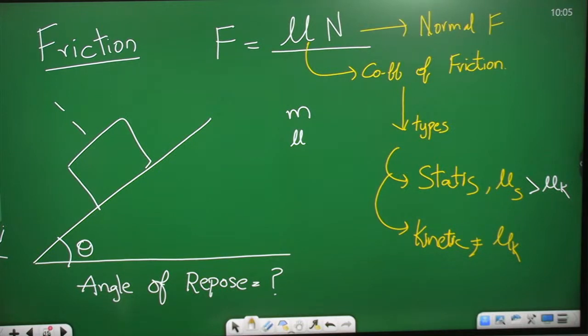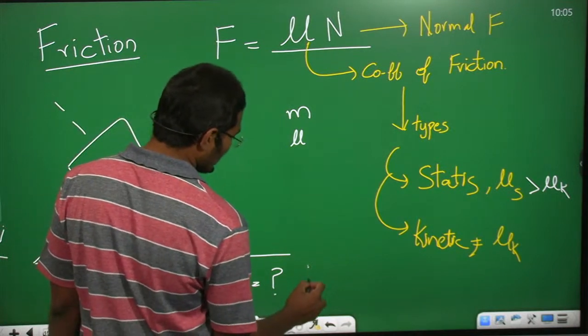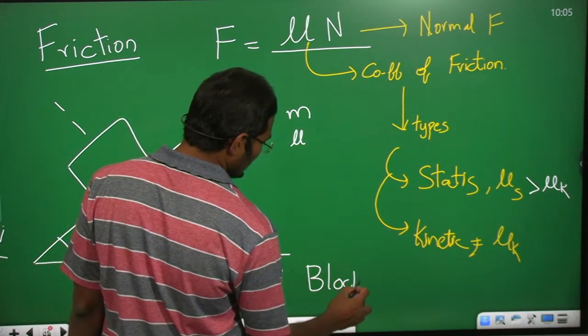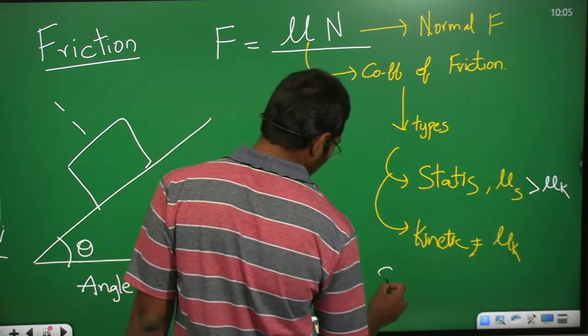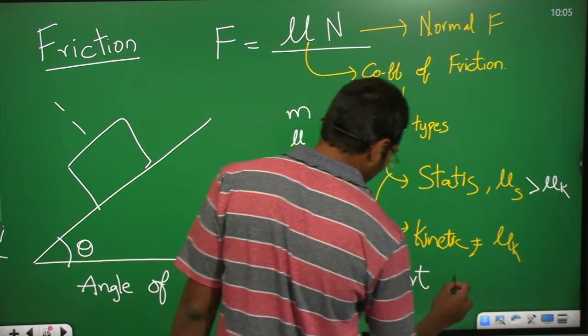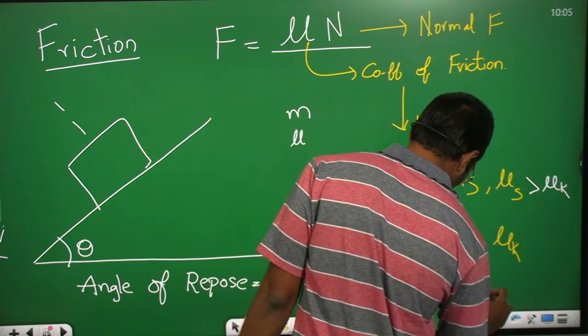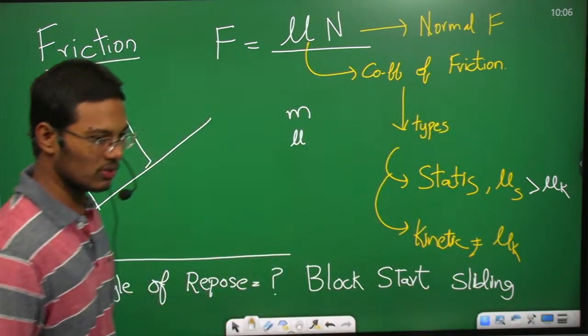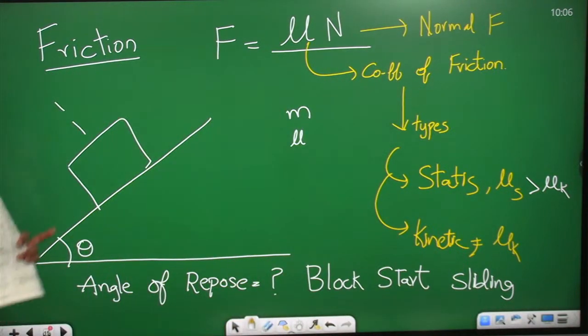The minimum angle required so that the block slides, the angle at which the block starts sliding, is known as angle of repose. Okay. So try to resolve this.